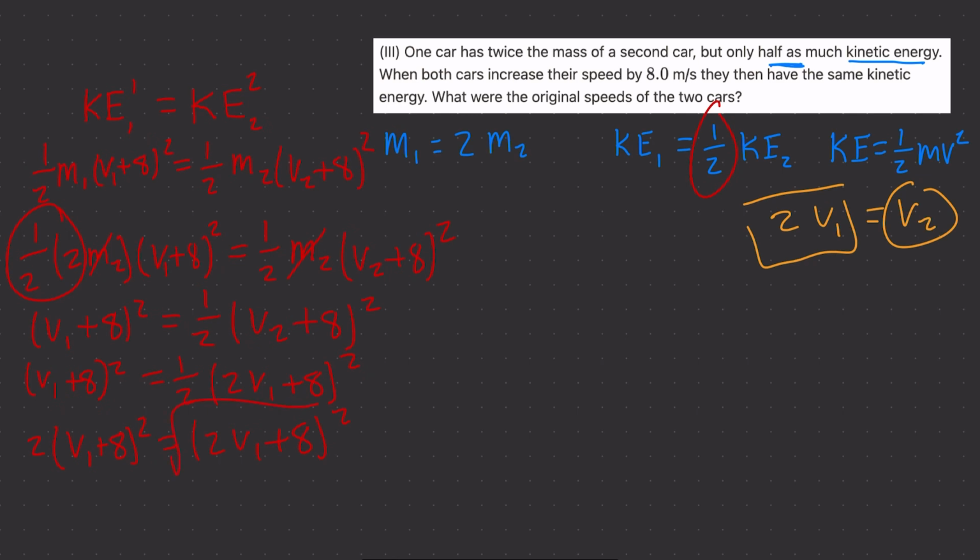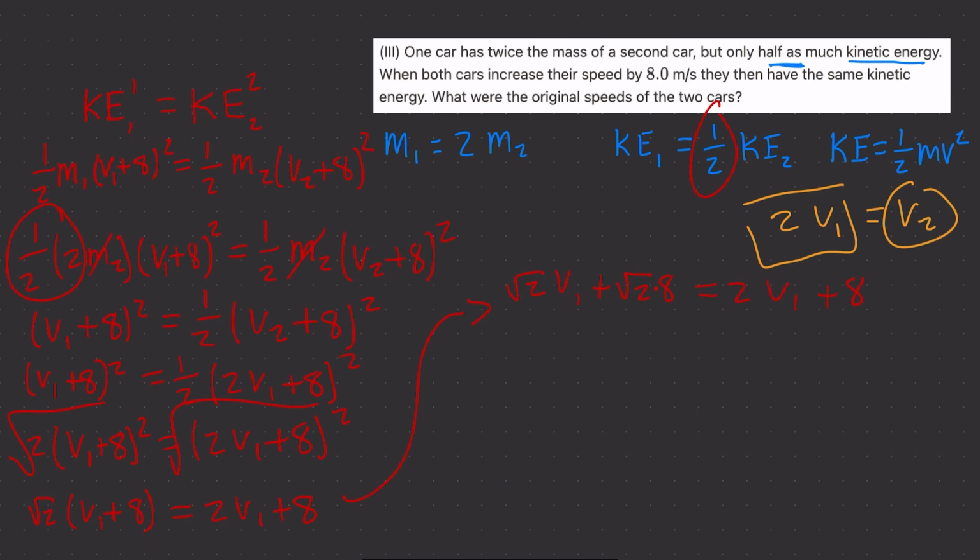So if I take the square root of both sides, that's going to give me square root of 2 times V1 plus 8 is equal to 2V1 plus 8. All right, so from there, let's keep working. I now have root 2 V1 plus root 2 times 8 is equal to 2V1 plus 8.